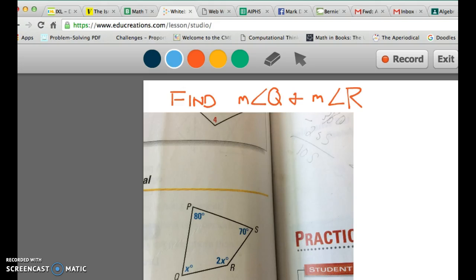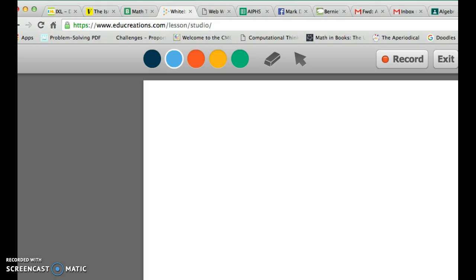All right, and then our last example is going to take advantage of the rule that we learned about the interior angles of polygons. So you might remember that if something has 3 sides, then its interior angles add up to 180 degrees.